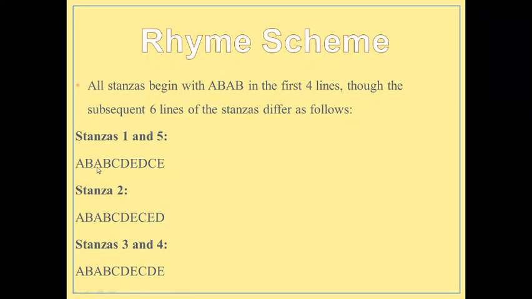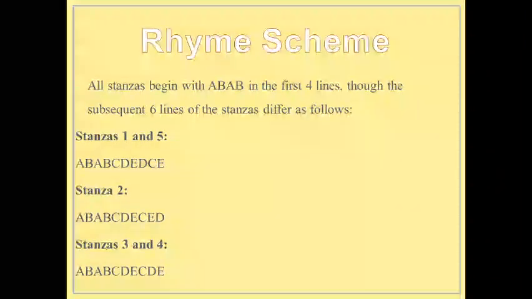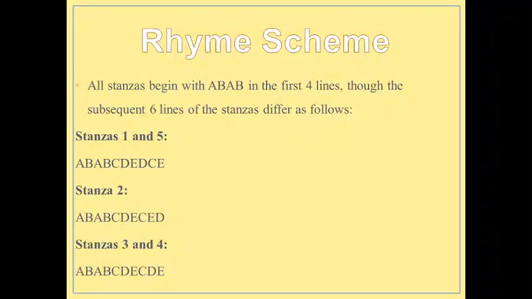For stanza 2 too, the first 4 lines, A, B, are the same, and C, D, E for the 5th, 6th, and 7th lines are the same, but after the 7th line, so the 8th, 9th, and 10th, they are quite different rhyming schemes, so they don't have any order between these lines, and that's why it's quite different from the classical ode verse.